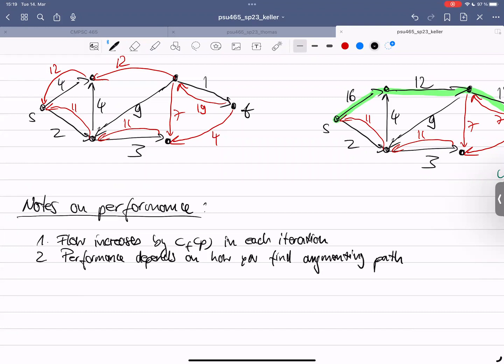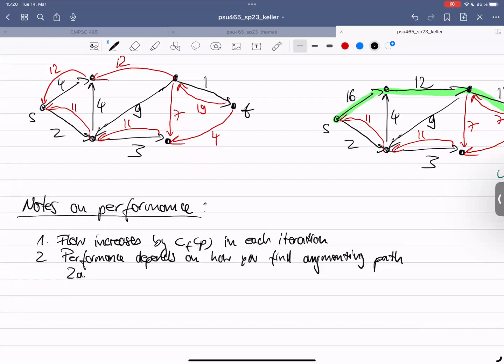And in particular, there's a bad scenario where you can show that there is a poor choice of an augmenting path, which will lead to your algorithm not terminating. You will still strictly increase the value of the flow in each iteration, but it will not converge to even the maximum value. And therefore, this algorithm will actually not even terminate if you're unlucky.